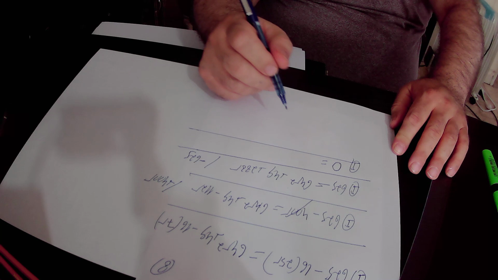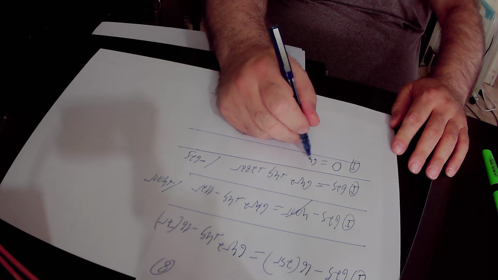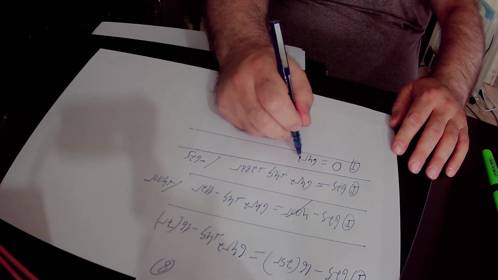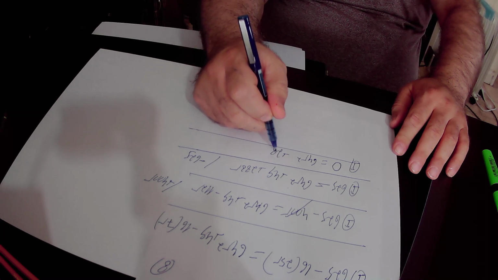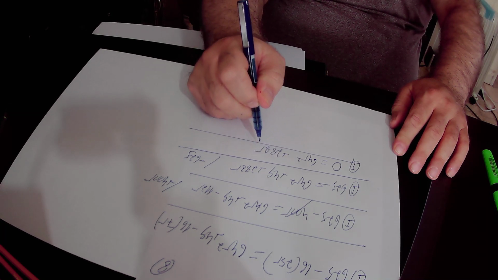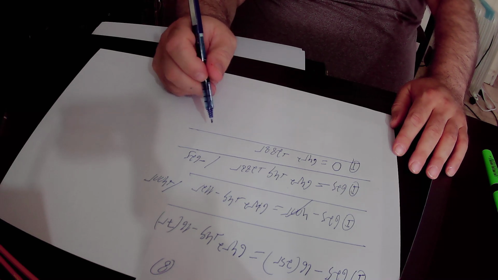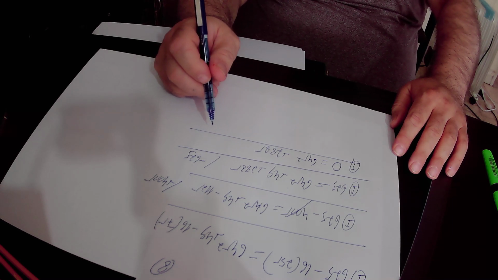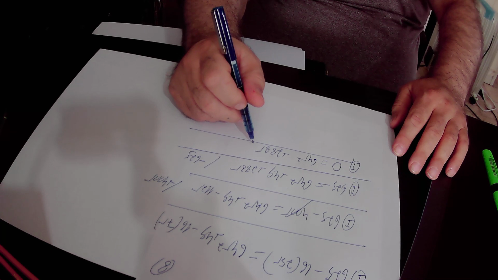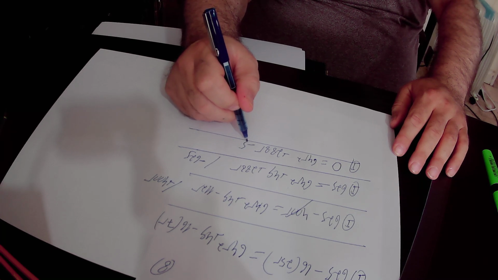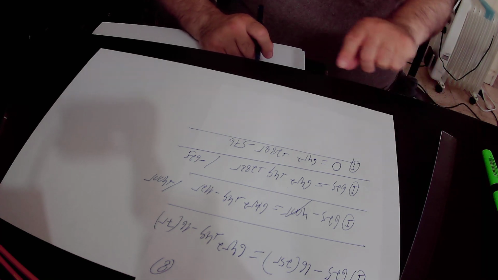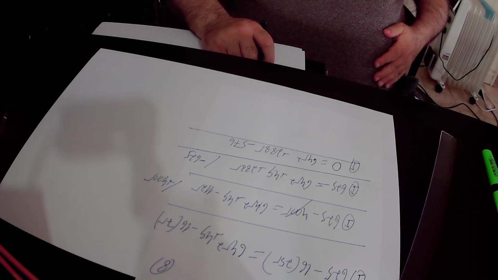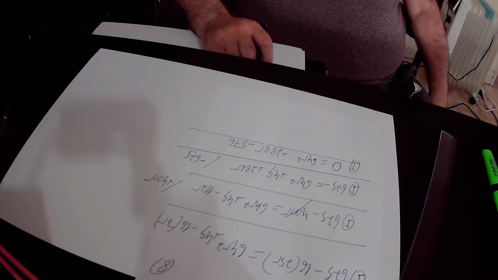That is equal to 64r squared plus 288r, and here we have 49 minus 625, which is equal to minus 576. In conclusion, we found out that 0 equals 64r squared plus 288r minus 576.